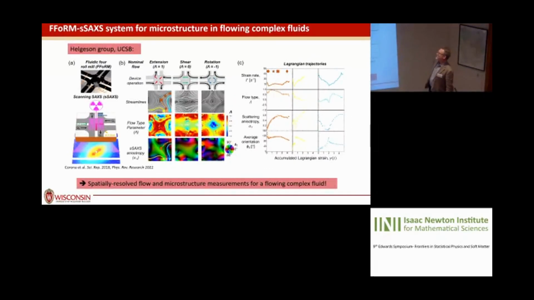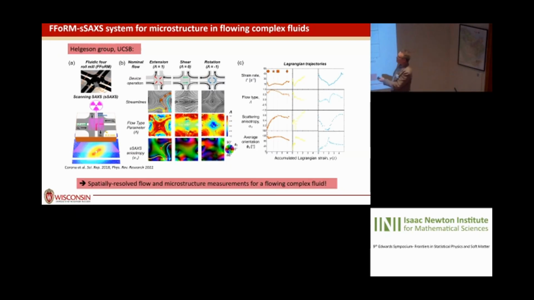So the first thing I want to do is talk about this really great experiment that Matt's group has developed. Many of us will know about the four-roll mill, which was developed by G.I. Taylor somewhere right over there, I believe, about 75 years ago. And the idea of the four-roll mill is to generate a well-characterized linear flow at a stagnation point.